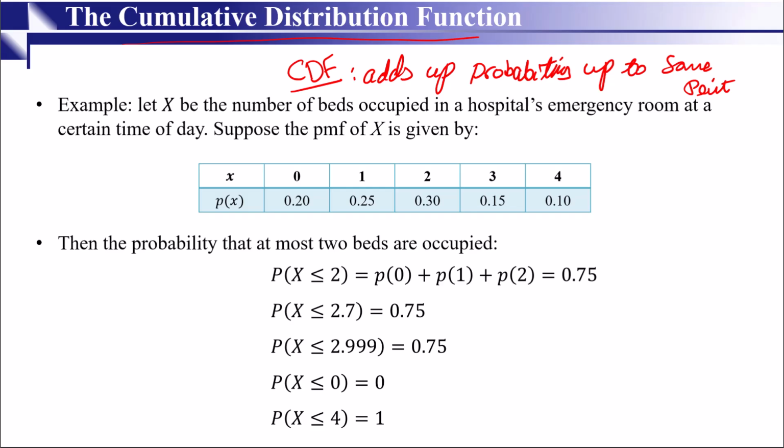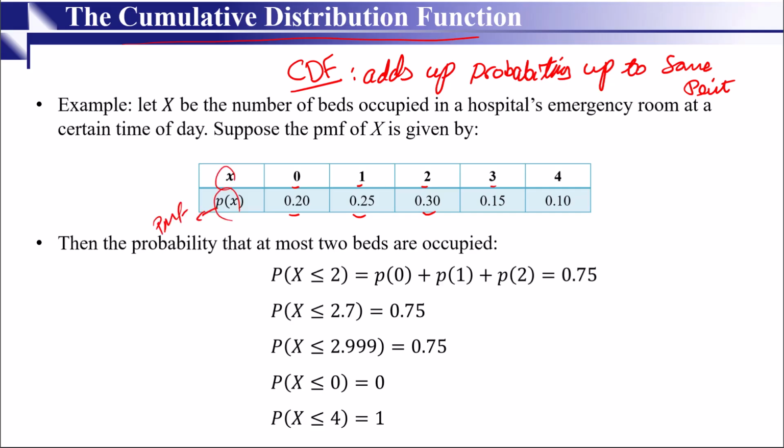For example, let X be the number of beds occupied in a hospital's emergency room at a certain time of day. So the probability of 0 occupied is 20%, 1 occupied 25%, 2 occupied 30%, 3, and so on. Here this is our x, and this is the PMF, right?